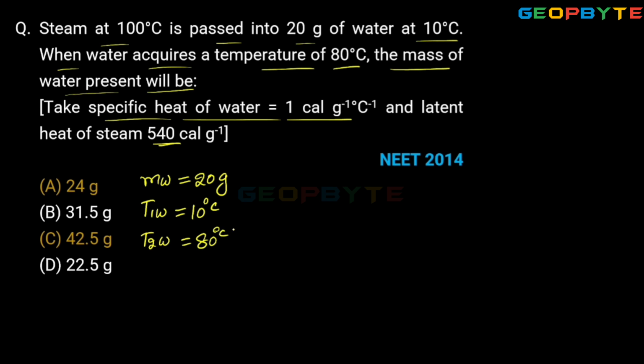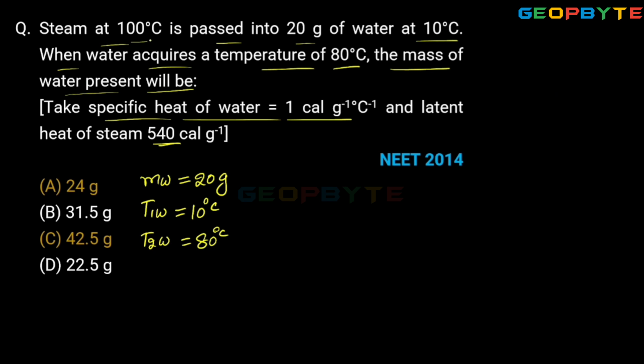While the temperature of the water is increasing from 10 to 80 degrees centigrade, the steam is dumping heat equal to its latent heat and becoming liquid. The condensation of the steam happens at constant temperature, that is 100 degrees centigrade.